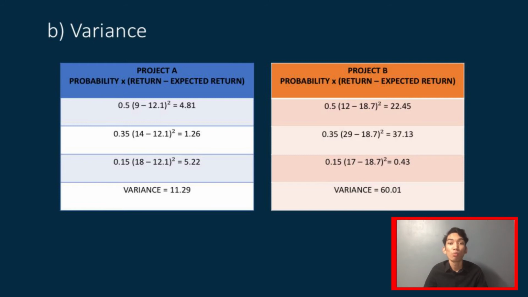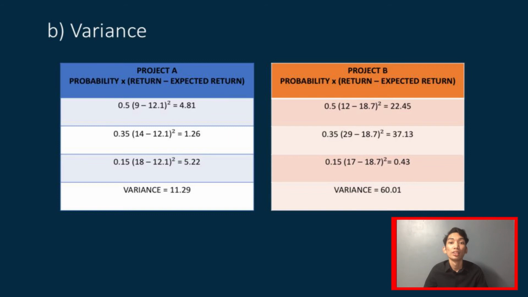For project B, the same formula. First, 0.5 bracket 12 minus 18.7 bracket power of 2 equals 22.45. Second, 0.35 bracket 29 minus 18.7 bracket power of 2 equals 27.30.